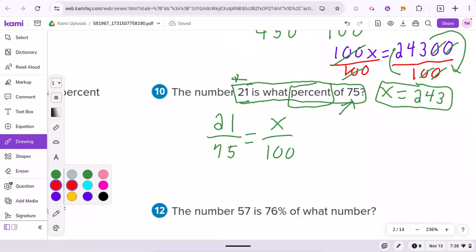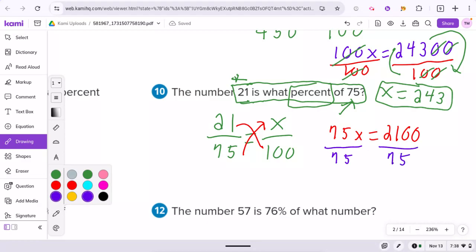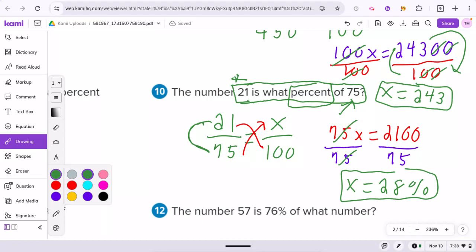And then same process. 75 times X, 21 times 100. And then once again, solve for X. Divide by 75, divide by 75. These cancel. X equals 2,100 divided by 75, and you'd get 28. That'd be 28%. So 21 of 75 is 28%.